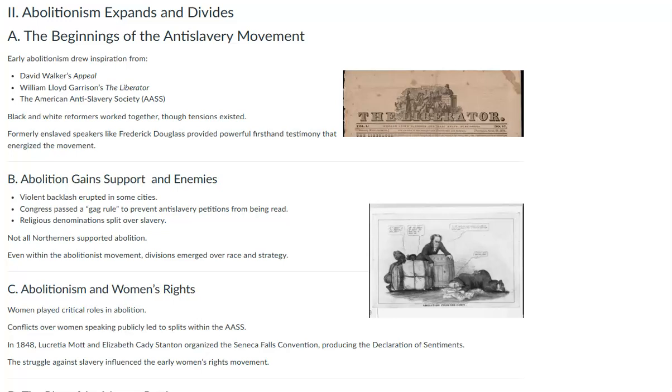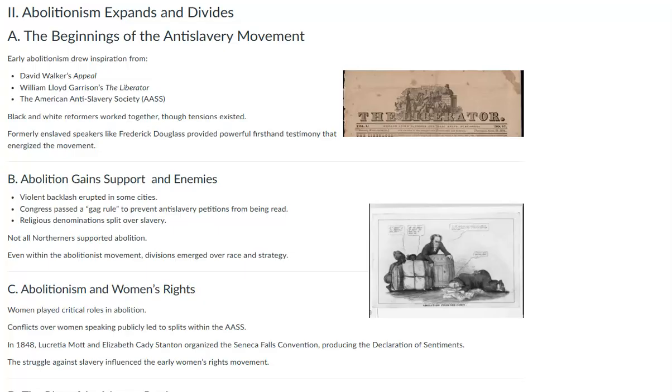Slavery wasn't allowed anymore. Also, Quakers open up like the first school for Blacks. So Quakers jump ship and they go all in when they talk about ending slavery within their own faith. But we do see churches splitting over slavery.